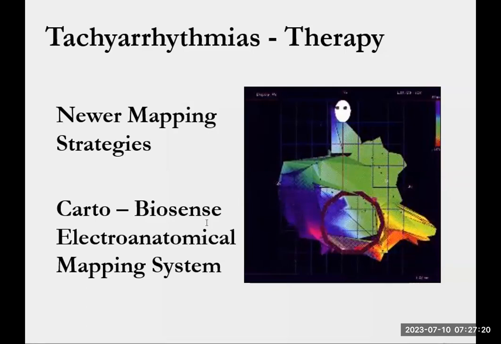And so it allows us the opportunity to put both timing and location on the same map. And the way CARTO works is that signals that are earlier are indicated with the hotter colors, such as red, and the cooler colors are late. And so presumably the area of interest would be in an area closer to the red area.